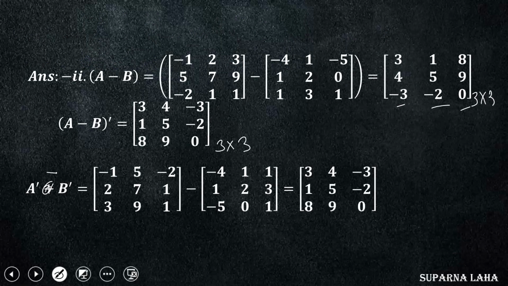You will find this value is given by 3, 4, -3, 1, 5, -2, and 8, 9, 0. And this is also a 3 by 3 matrix. Now look at that. This matrix is what? (A minus B) transpose. So we verified this: (A minus B) transpose is given by A transpose minus B transpose.